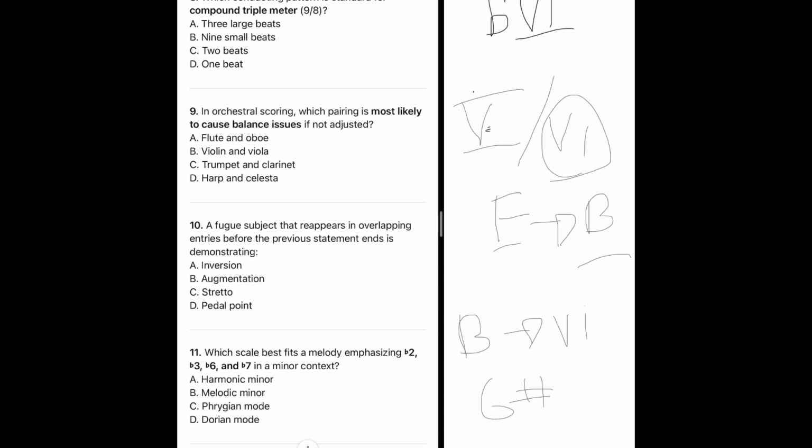Flute and oboe. No. Violin, viola. Trumpet and clarinet. Harp. Okay. Violin, viola.